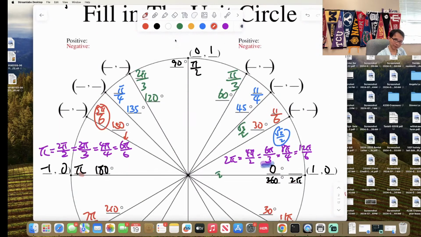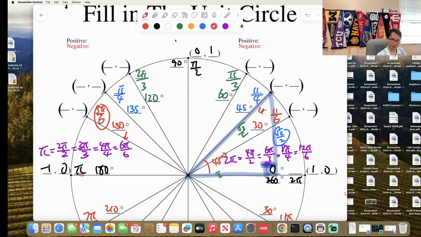Okay, let's talk about this question here. There is a triangle here, and the triangle looks like this. Right. This is going down. It's 90 degrees. So there's a right triangle here. This is a perpendicular line, so that's 90 degree. What do you think this angle is? This is 45 degrees, right?